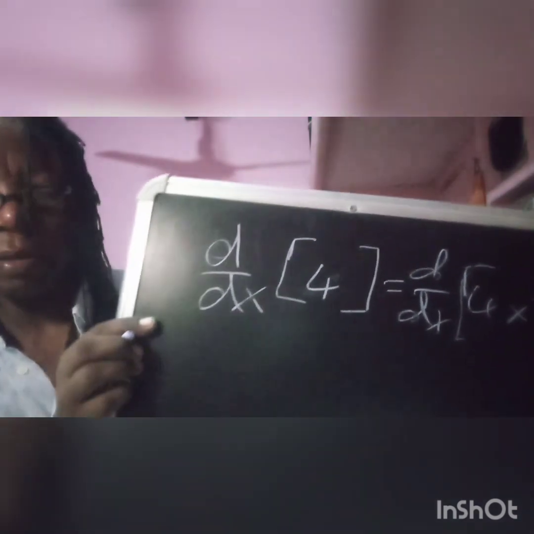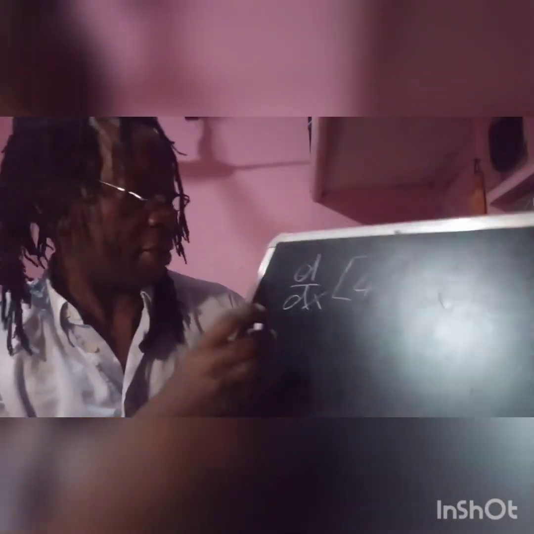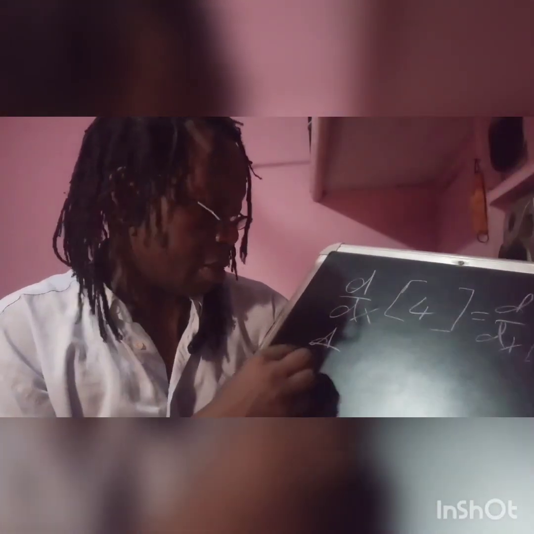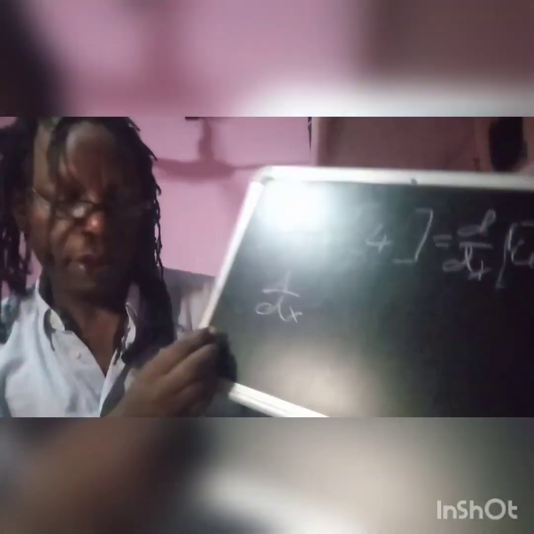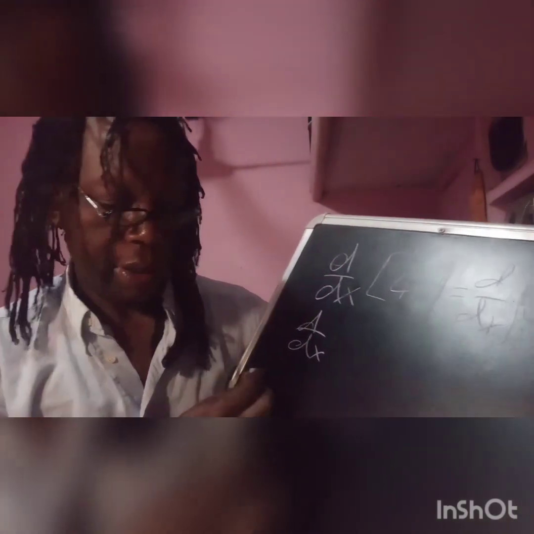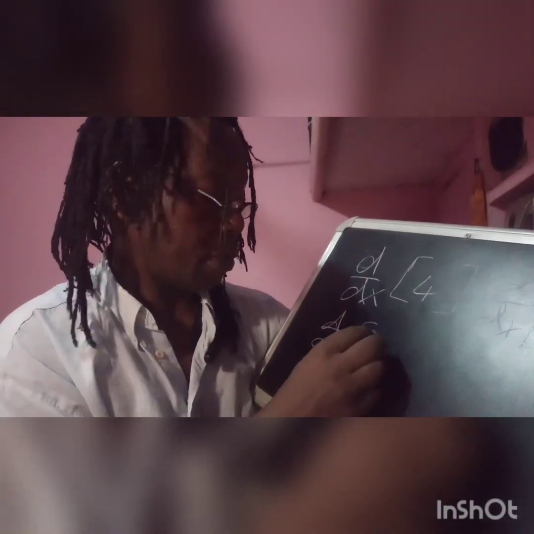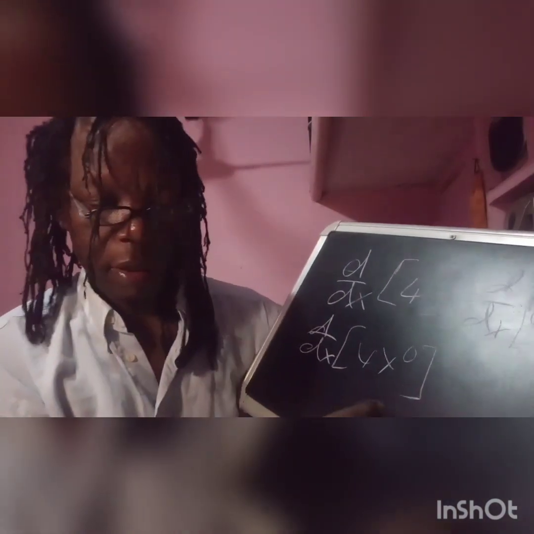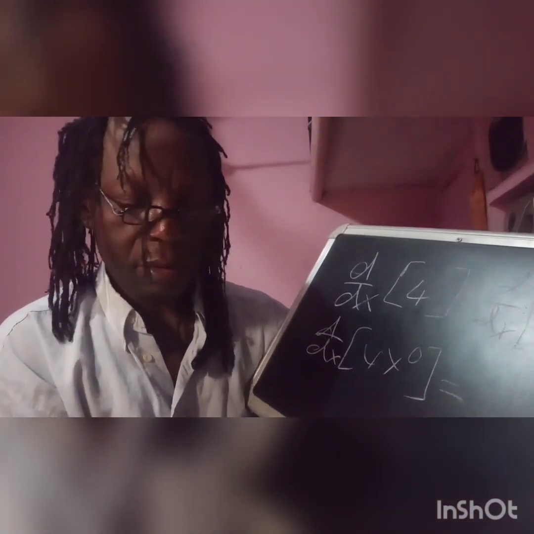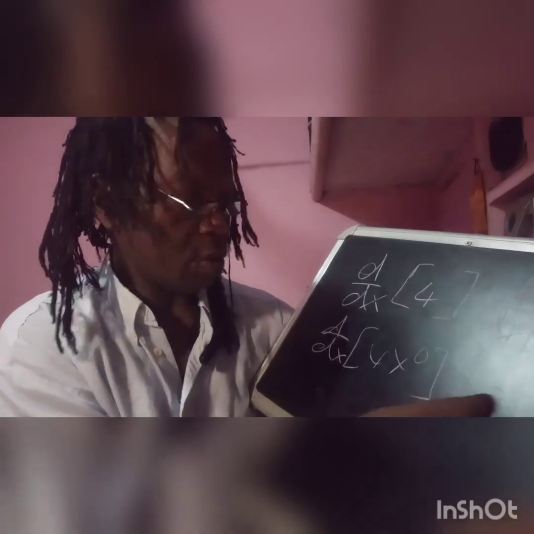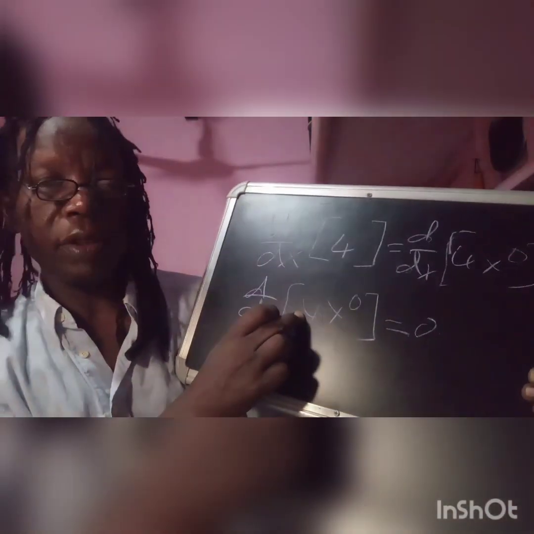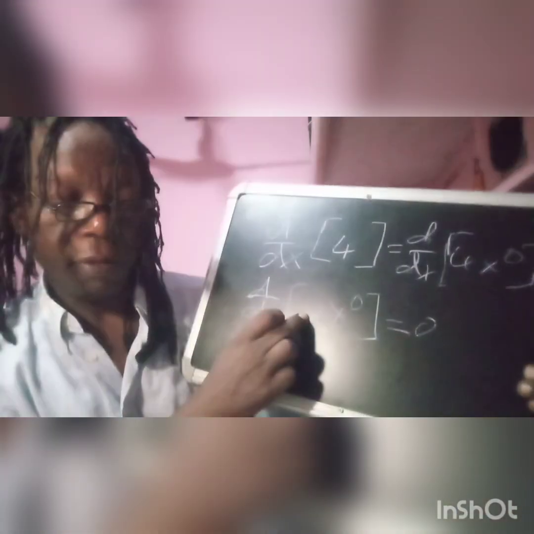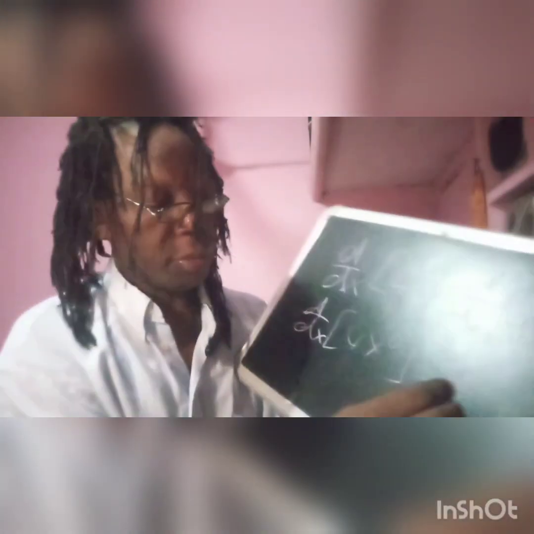It doesn't make a lot of difference. So we have d over dx of 4x⁰. This will give you 0, because you have to bring the 0 in front of the 4x, so you multiply it times 4.